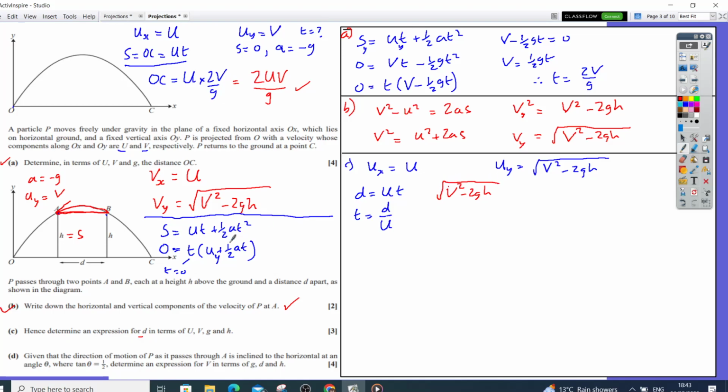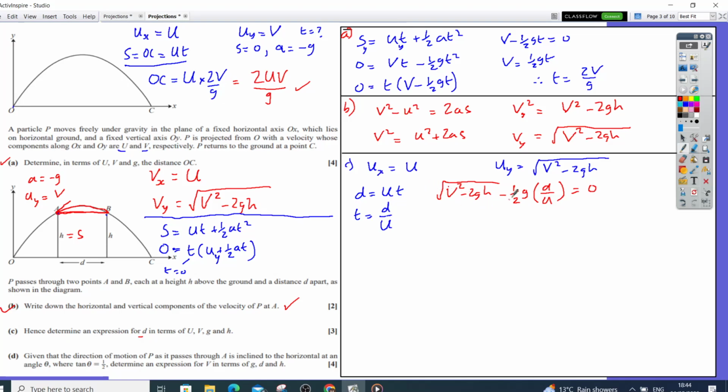Now this plus becomes a minus because it's minus g, so that's minus half g, and we know that t is d over u, and that's going to equal 0.